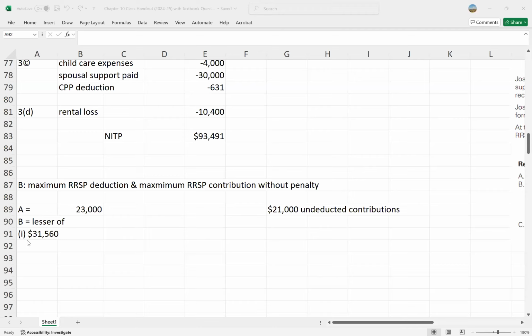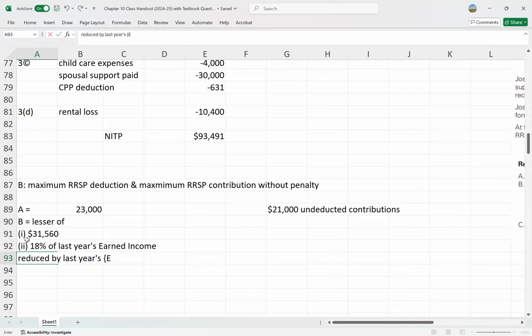B is the lesser of that 31,560 and 18% of last year's earned income reduced by last year's pension adjustment.